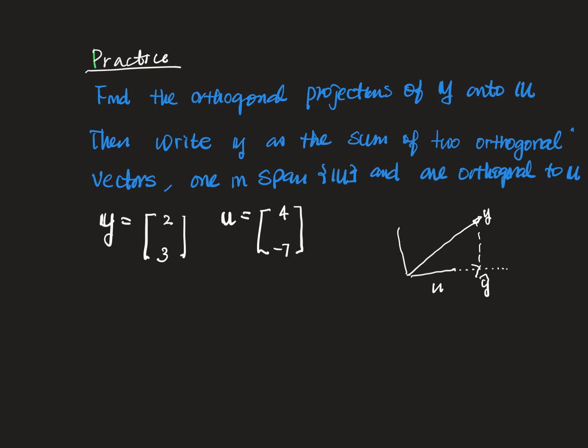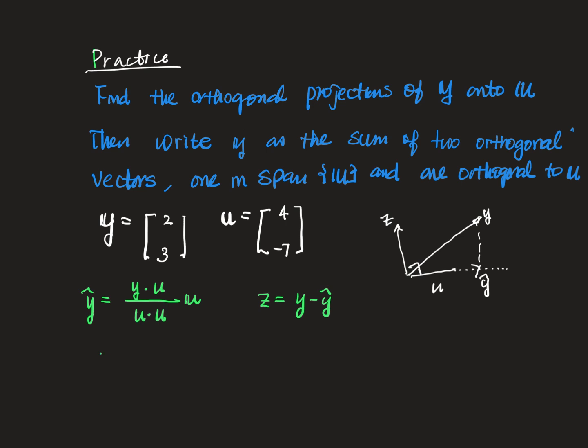Then you find the z vector, the orthogonal vector. Using the theorem, very simply, the y hat vector is the scalar value, y inner product u over u inner product u, times the u vector. That's the component of the projection vector, and the z vector, orthogonal to the y hat vector, is y minus y hat.